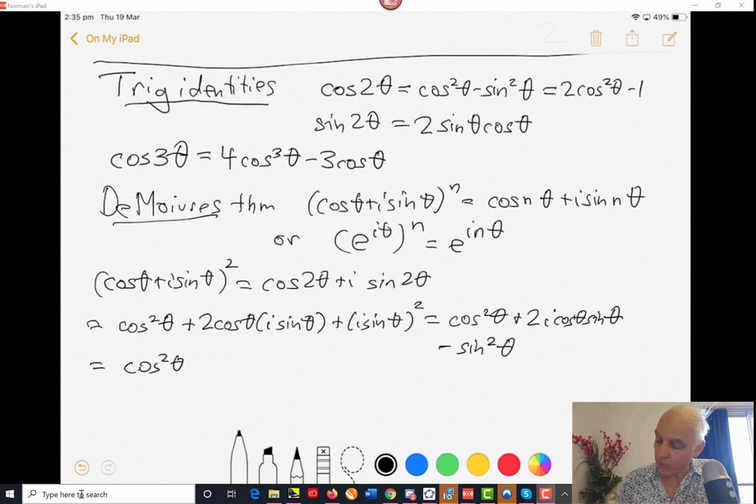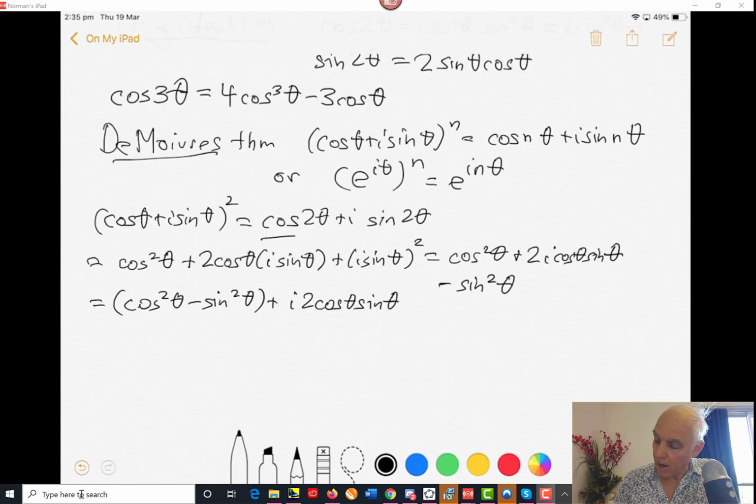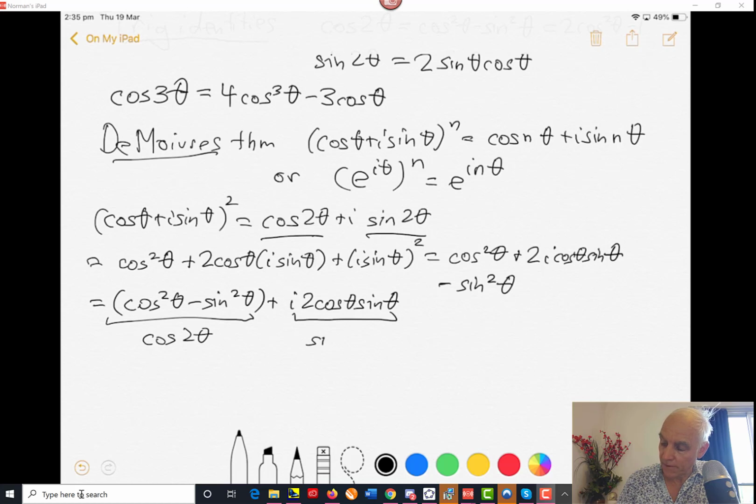That's the real part of that expression. And the imaginary part will be I times 2 cosine theta sine theta. Since that's supposed to be cos 2 theta plus I sine 2 theta, we can easily deduce that the real part is just cosine 2 theta, and the imaginary part is sine of 2 theta, confirming what we already know.